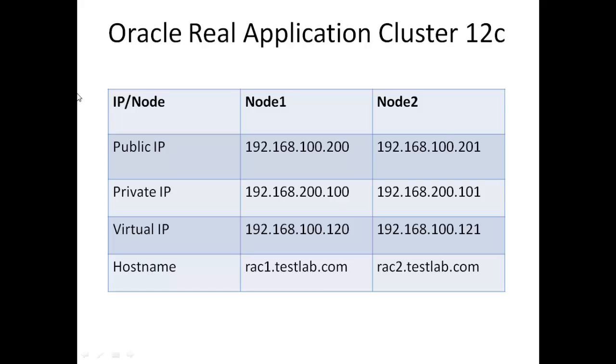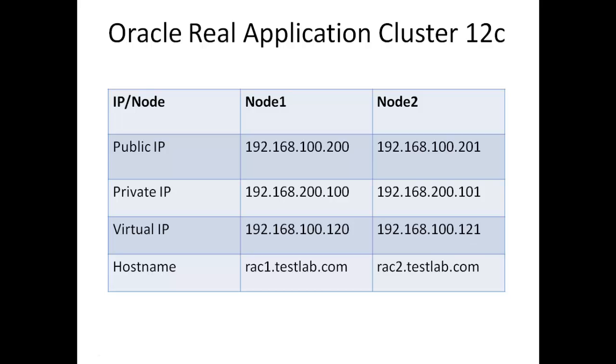You see the network part here is 192.168.100, and in the private IP it is 200. Node 2's public IP is this one, node 1's private IP is this one, and node 2's private IP is this one, 101, and the virtual IP is also 121.